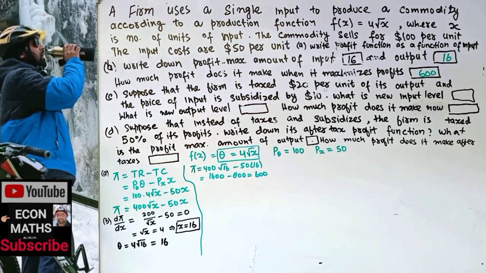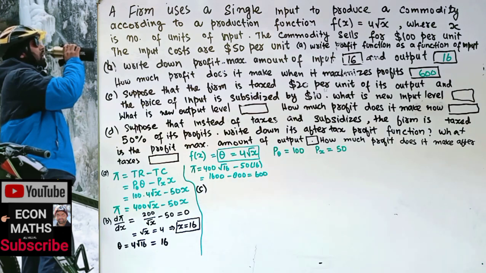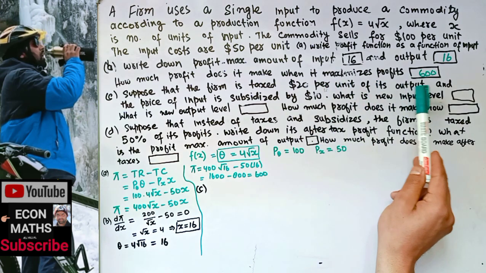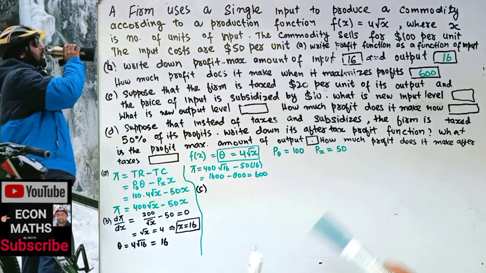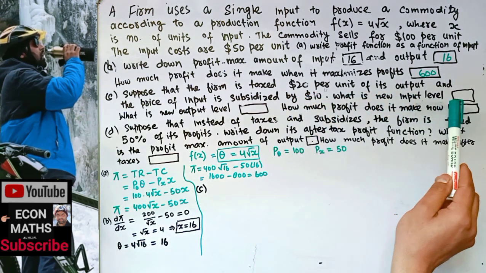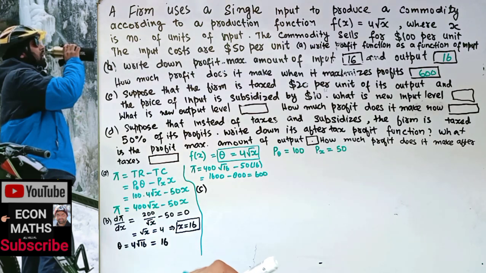Now the third question tells us, suppose that the firm is taxed $20 per unit of output and the price of input is subsidized by $10. What is the new input level and what is the new output level? So we want to find out the new input and output level at profit maximization.